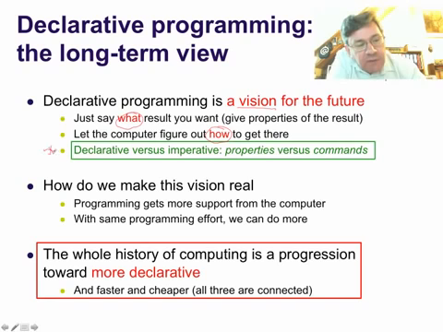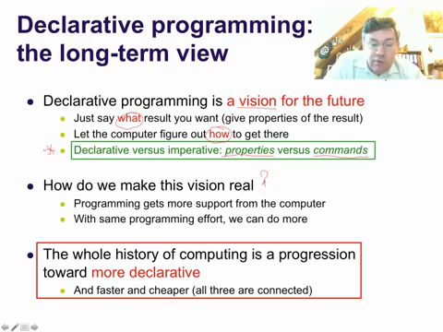So the point is, declarative versus its opposite, which is usually called imperative, is programming by giving properties of your results instead of giving commands on how to get there. So properties versus commands. So how do we make this vision real?